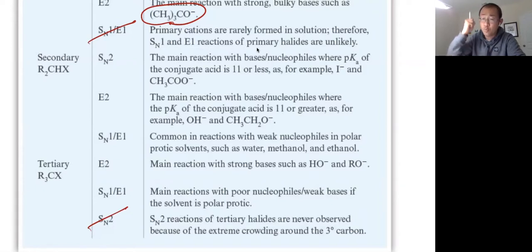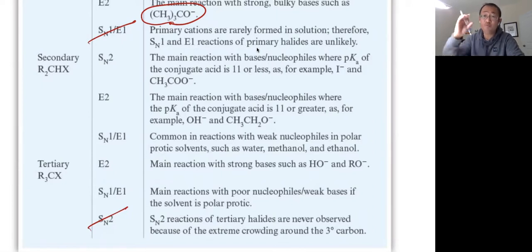If you have a weak nucleophile but a strong base, you have E2 dominant. If you have a hindered base, E2 will be more dominant. If you are both strong nucleophile and strong base, then both will be existent. SN2 will be more dominant than E2.